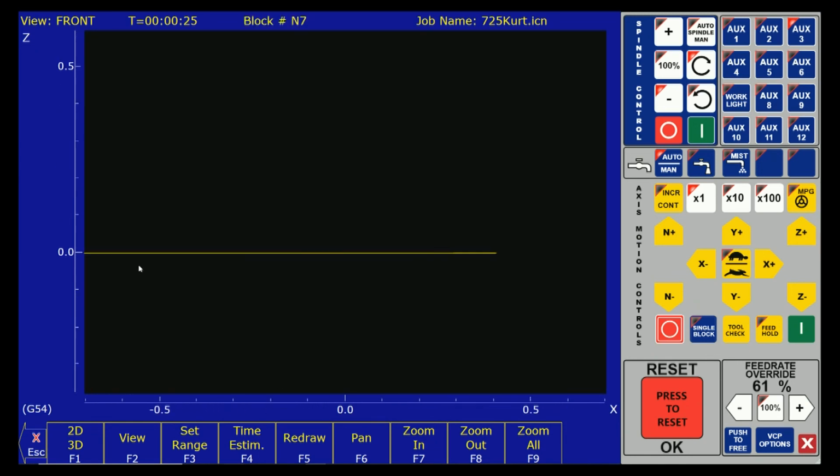Okay, so this right here is Z0. So my facing toolpath faced off 0.1225 of stock and faced down to Z0. So that is what is unique about this toolpath.